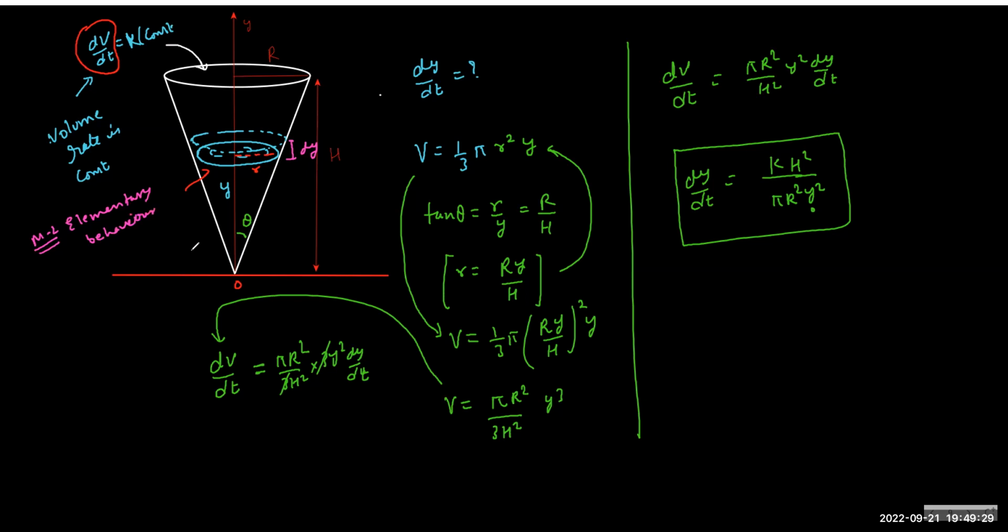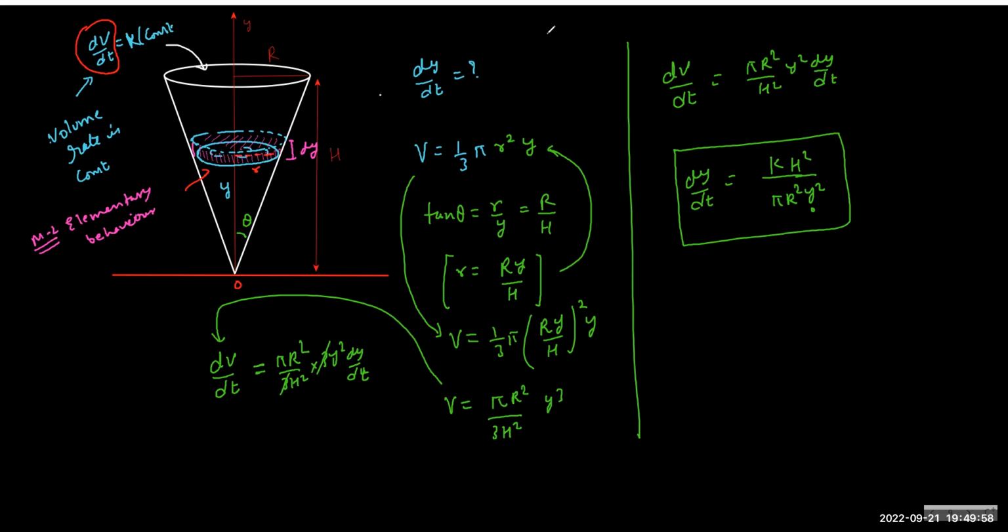As you pour water, the height will grow, yes or no? So you're adding a wafer thin cylinder to the existing volume, yes or no? You are adding a wafer thin cylinder in time dt. So how much volume are you adding?